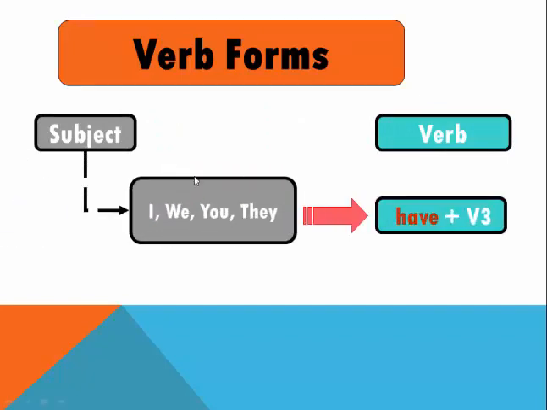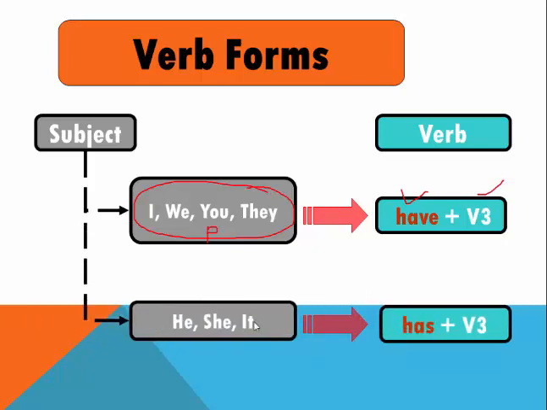In this case, one group has come here: I, we, you, they, and plural. Plural will also be there. With these, in this case one, we will use have plus the third form of the verb. The next case is he, she, it, and singular. You will use has plus the third form of the verb. These are the verb forms we are going to use.